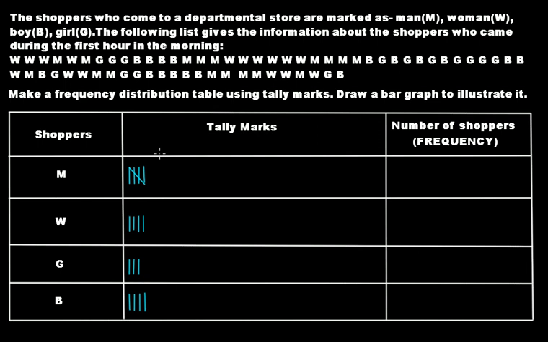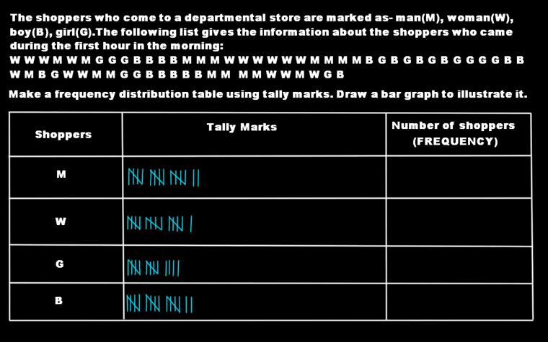Okay, now I'm going to pause this video and fill up this column, and we'll proceed our discussion after that. So I filled this column here, and now it's time to fill up the number of shoppers column. So 5, 10 plus 5, 15 plus 2 is 17.